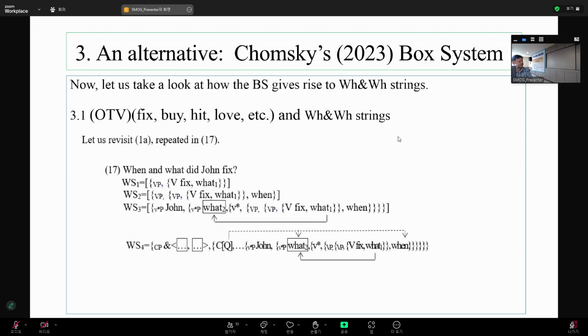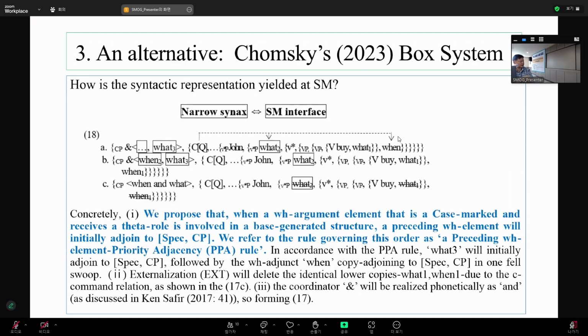And later in PF, here, this CQ will associate with this one, the rest agent here. And later we have when and what. And later, here I think there is a very important thing to note.